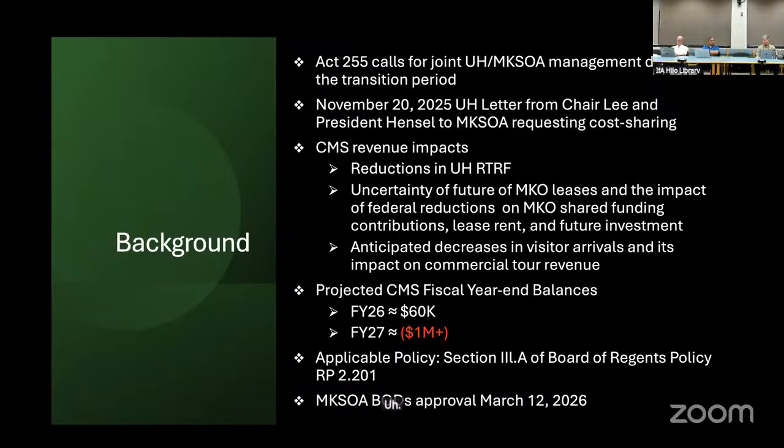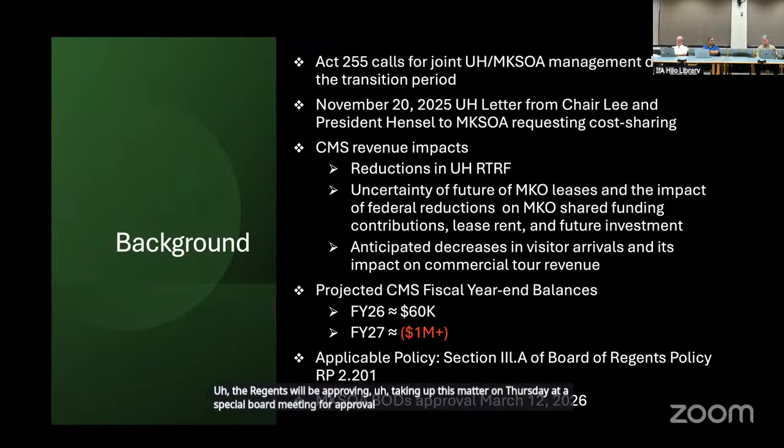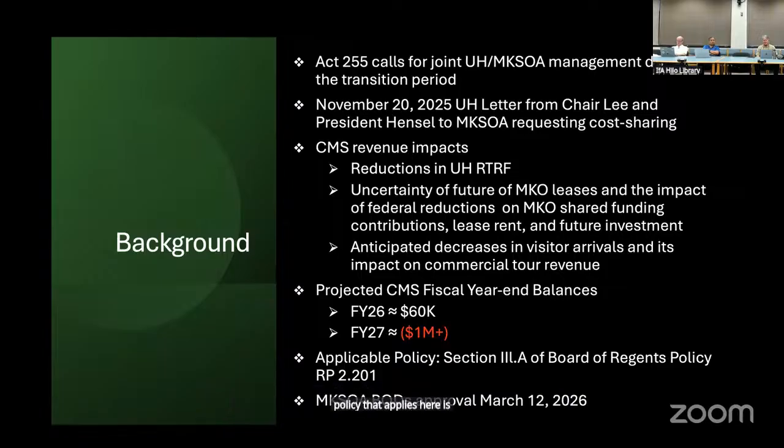The regents will be taking up this matter on Thursday at a special board meeting for approval. The policy that applies here is section 3A of their regents policy document.